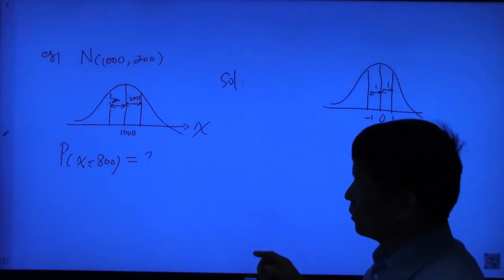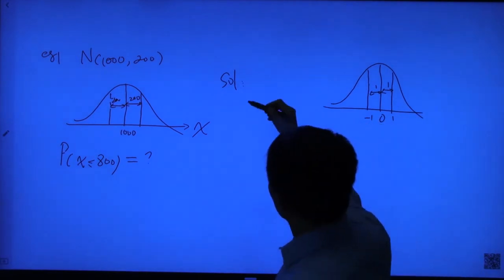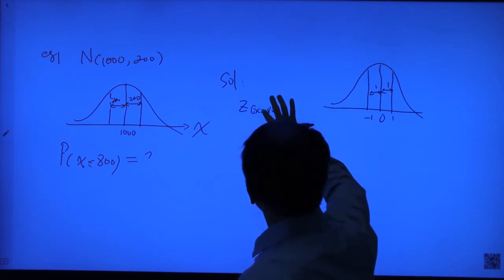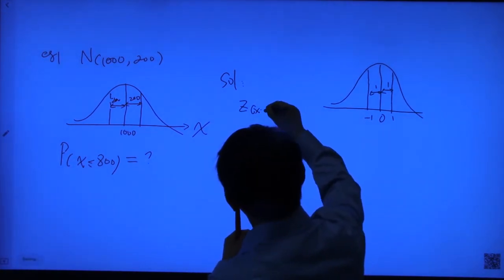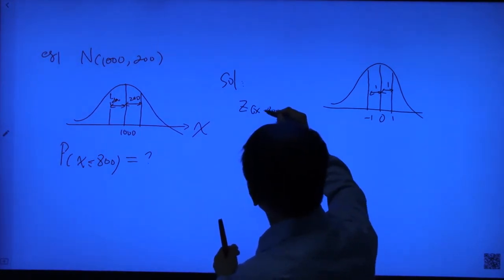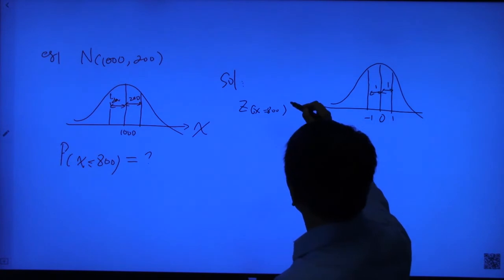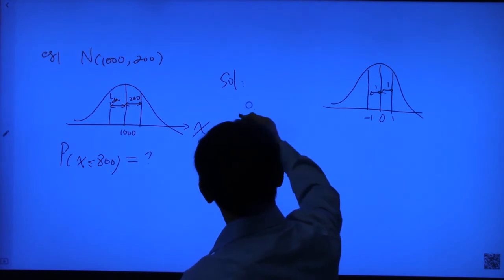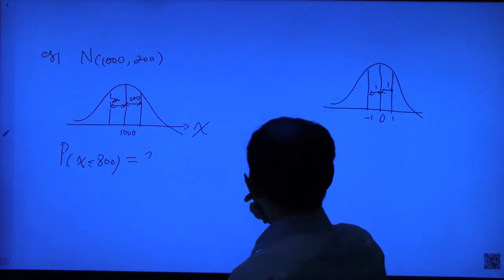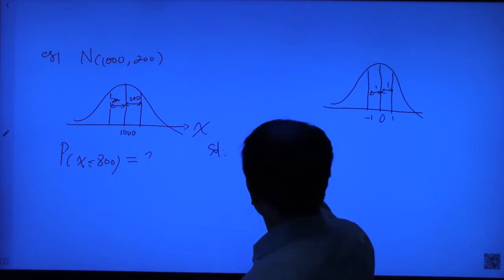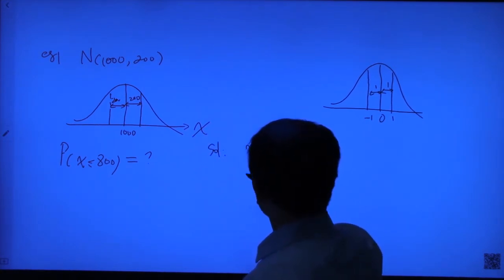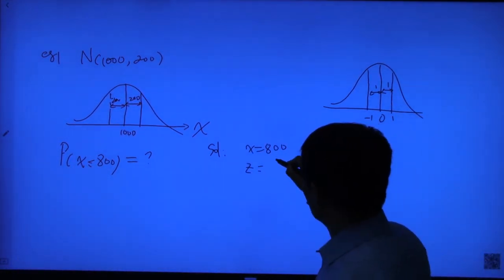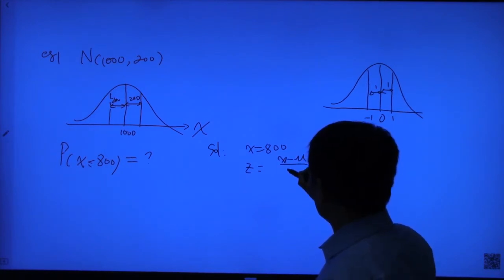Step 1 is to calculate the z-score for x equals 800. Let me move this down a little bit. Solution: x equals 800, so the z-score equals, I want you to write the formula first. The z-score equals x minus mu, divided by the standard deviation.